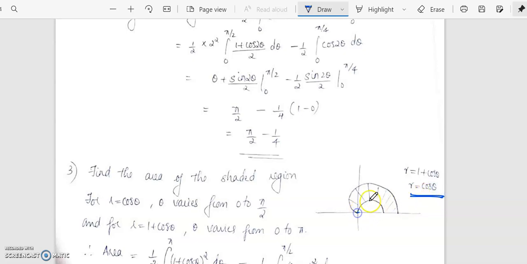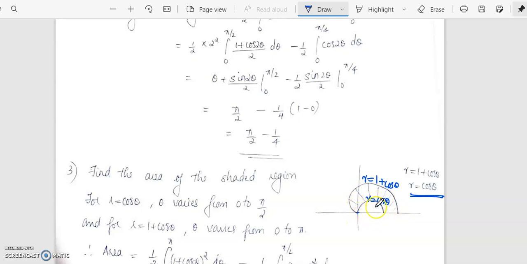So this curve is r equal to cos theta, and r equal to 1 plus cos theta will be a cardioid. So this is the cardioid, and this will be 1 plus cos theta. Now we need to look for what is the variation of theta in this given graph.